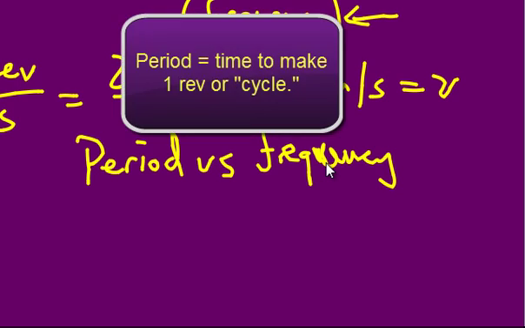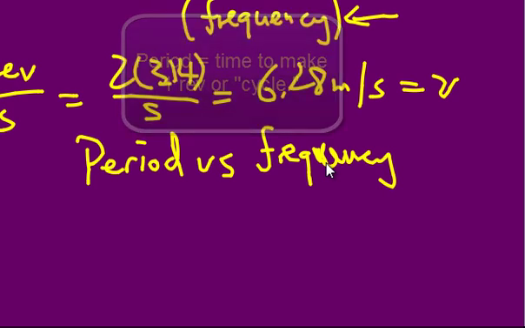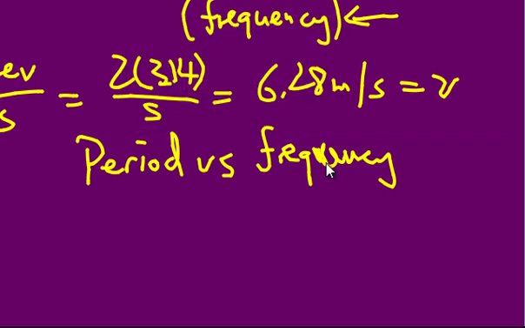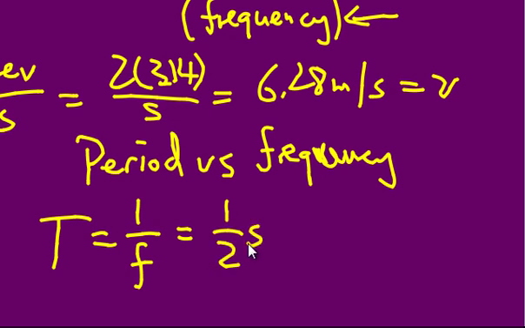Think about it. In this particular case, if there are 2 revolutions every second, that means 1 revolution only takes a half a second. What we get here is a nifty little relationship, which is that the period, T, is the inverse of the frequency. So if I go 1 over 2, I get that the period of revolution is a half a second.